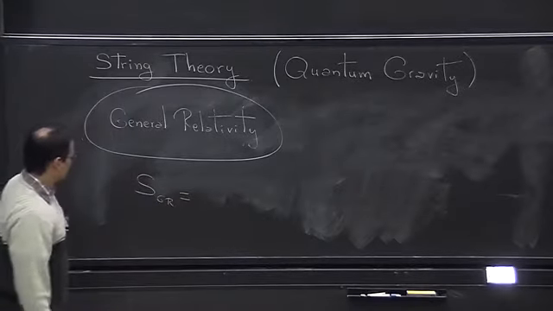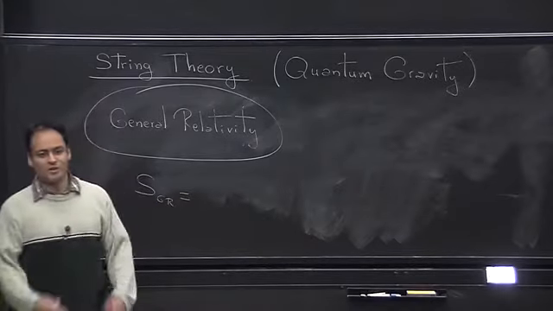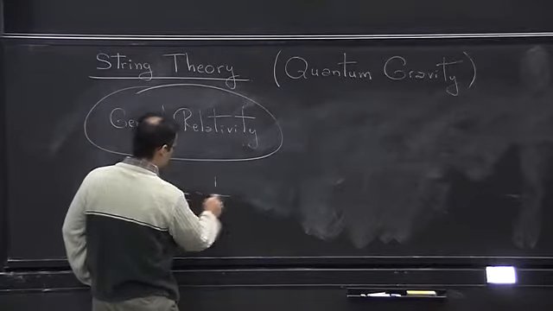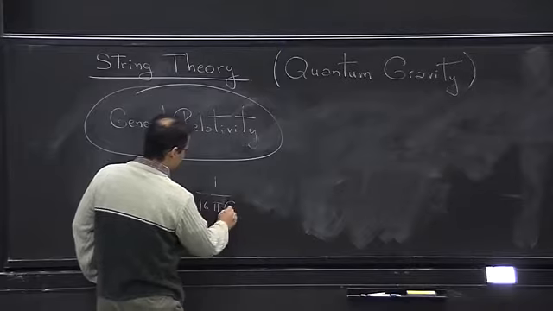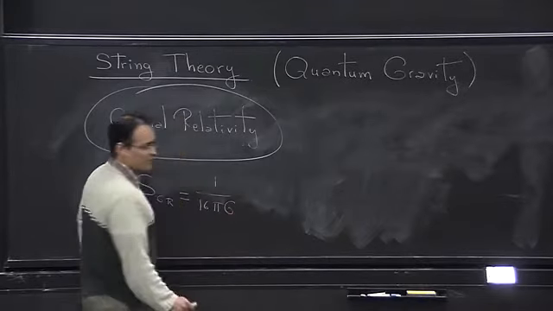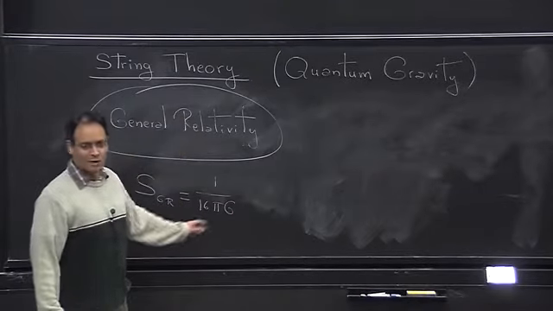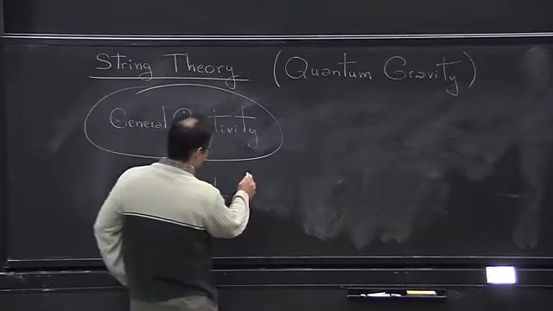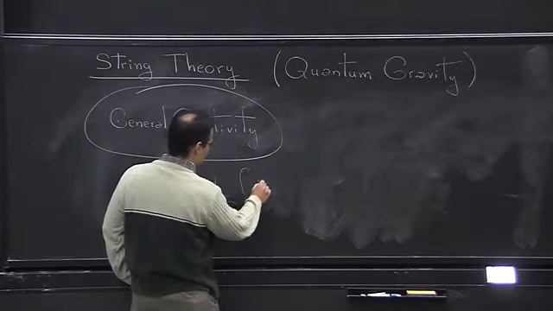And probably this will be the 100th time that you have seen the action, but I'll write it nevertheless. Perhaps the reason is that this is the first and last time that I'll write it with 16 pi G and all that. So I figured it would be nice to do it at least once.